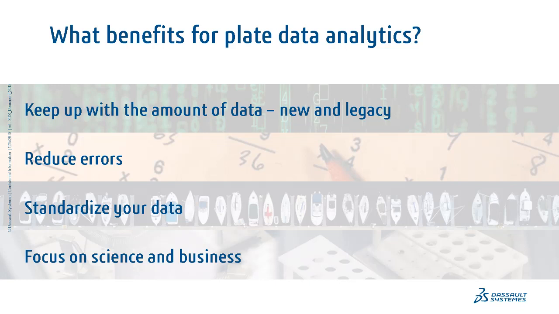So that's another nice additional value. Reducing the error, because we're reducing human intervention, but also because Autopilot facilitates the promotion of best practices, standardizing the data, obviously because of the reproducible way of analyzing them, which also brings those nice potential benefits when it comes to machine learning and AI, as mentioned by Thomas.